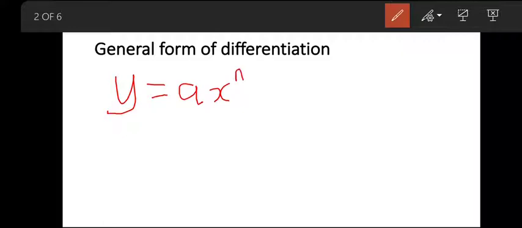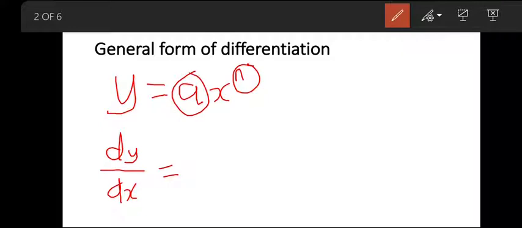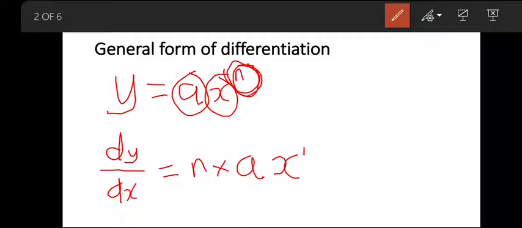But if you are to differentiate it, that is when we will now have dy over dx equals to, so now we say this n, we multiply this a by saying n times a. Then we write this x back, which is now x. Then we subtract 1 from the power, which is now n minus 1.